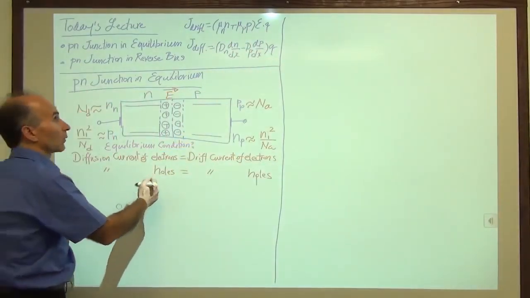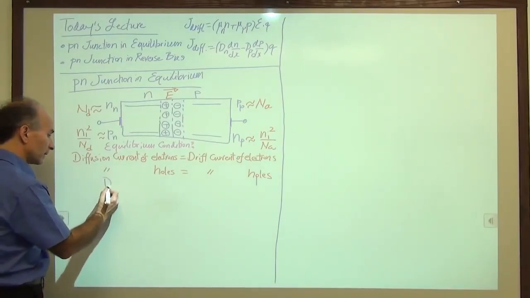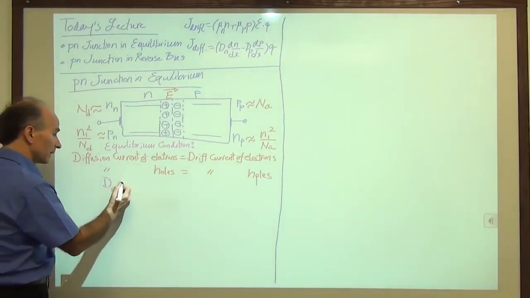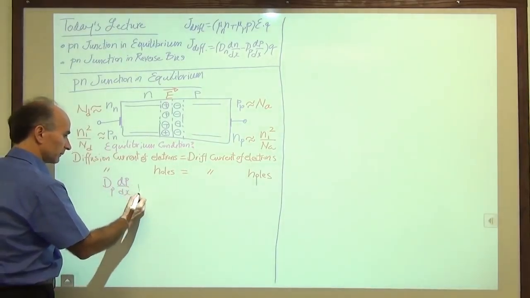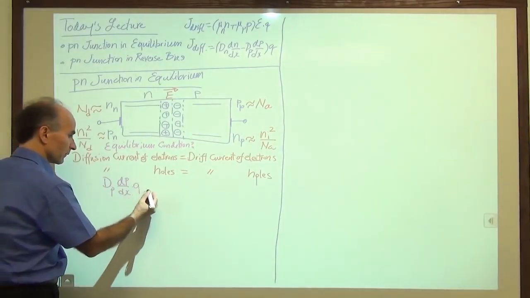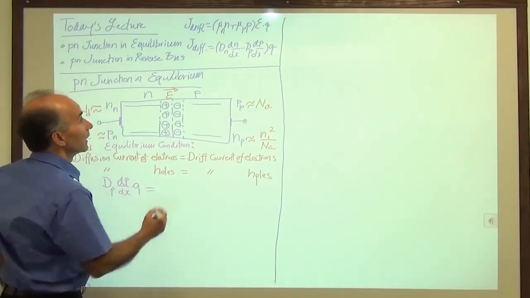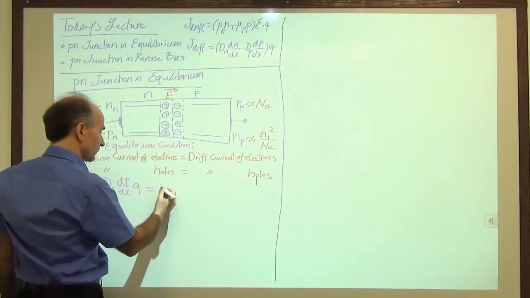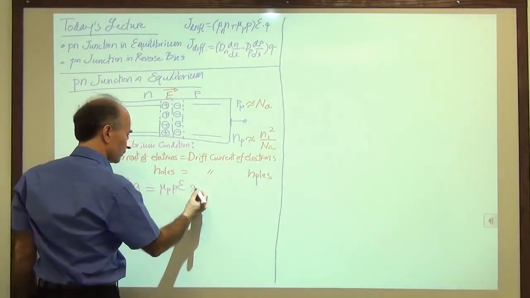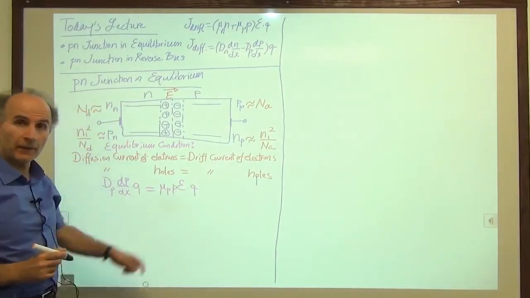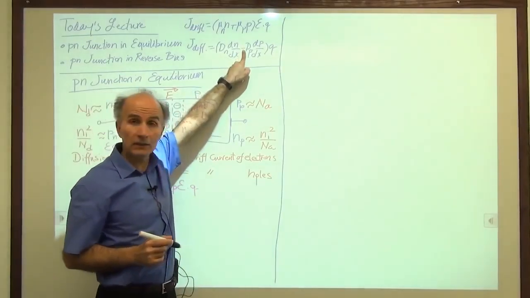So diffusion current of holes, that's D sub p dp over dx times q, is equal to drift current of holes, so mu p p E times q. What happened to the negative sign that I had here?